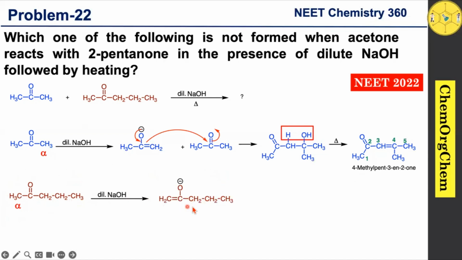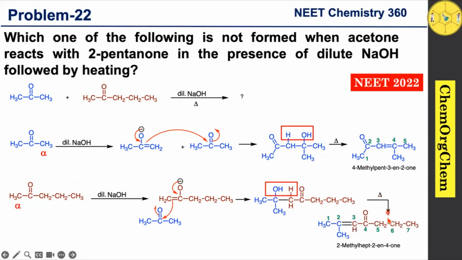When we heat this reaction mixture, one water molecule is eliminated to produce this corresponding alpha beta unsaturated compound.